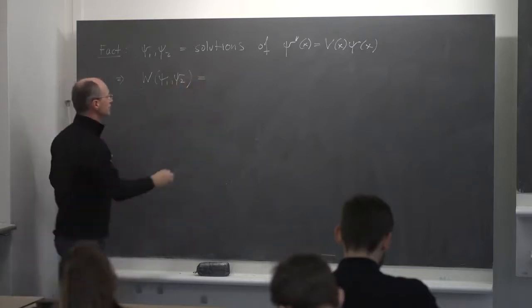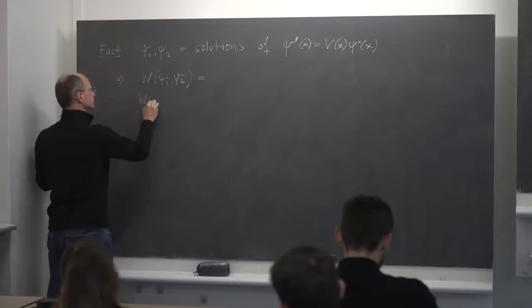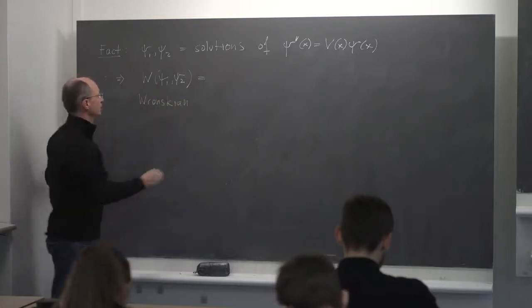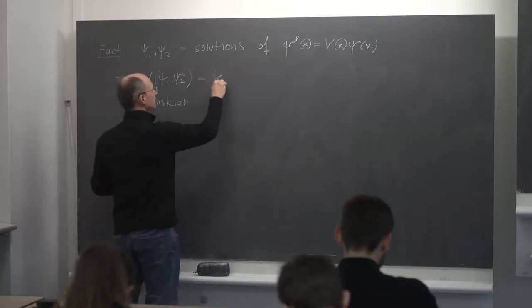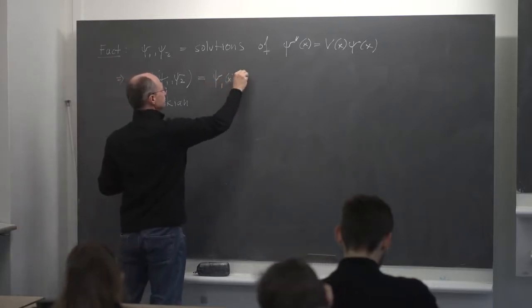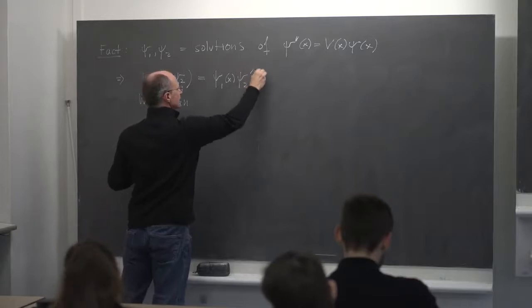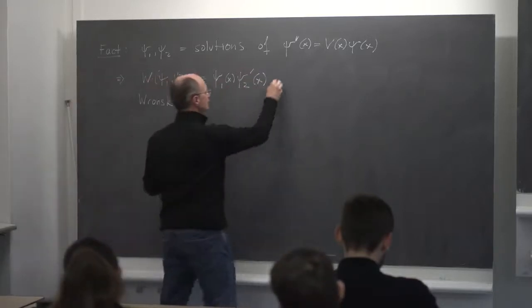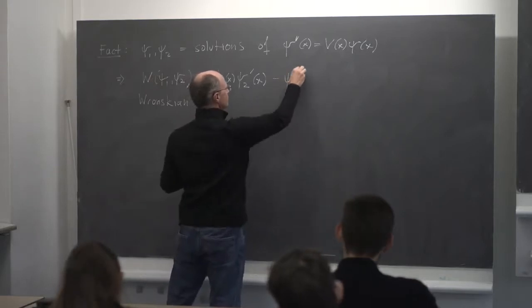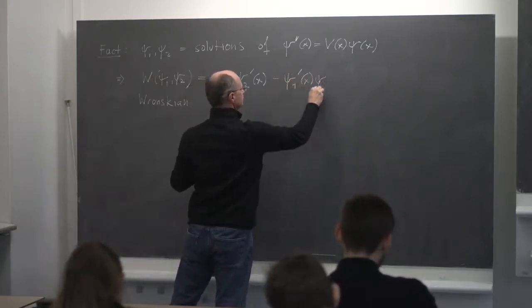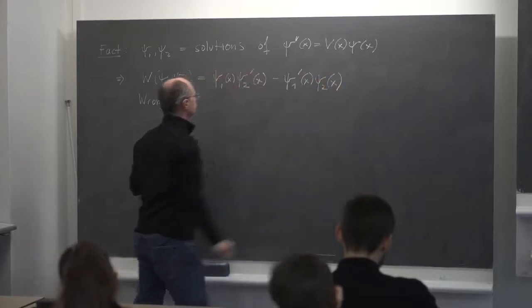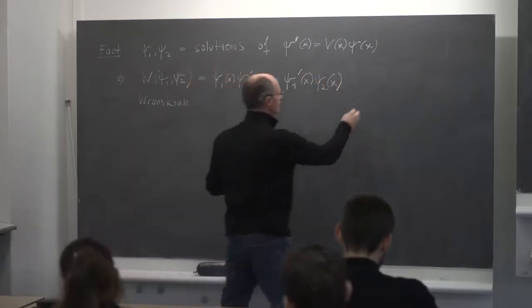Then the Wronskian of psi1, psi2, well, here I never know what's the correct sign. Let's choose the sign like this: psi1 psi2 prime minus psi1 prime psi2, is a constant.